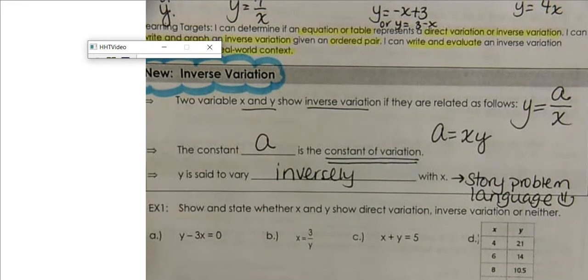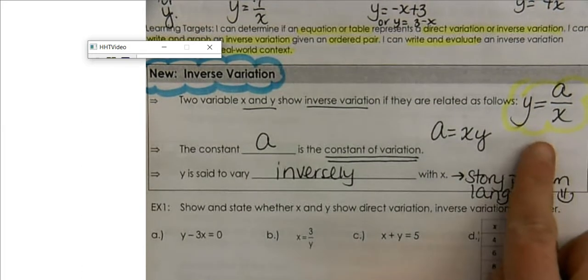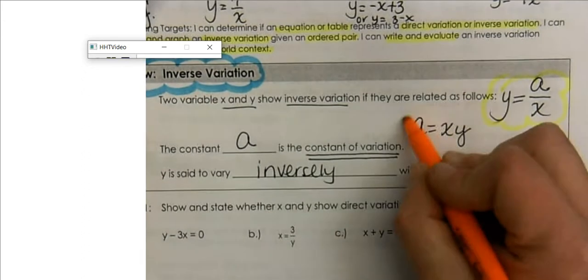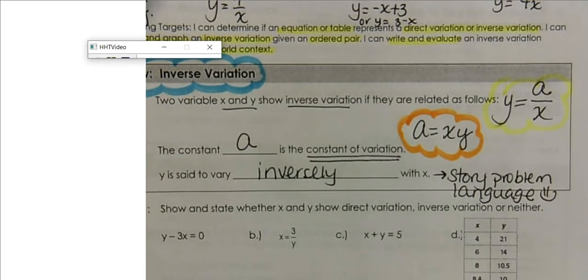So both of these equations represent the variations. One is an equation that we will eventually graph in our upcoming units or lessons. And the other one is how you identify your constant of variation from, let's say, a table of values.